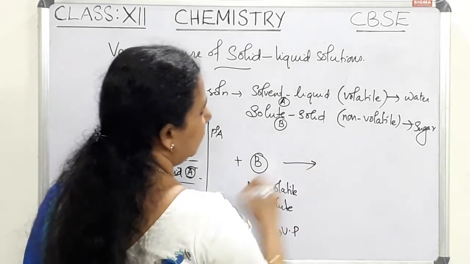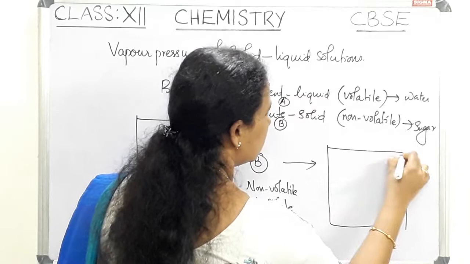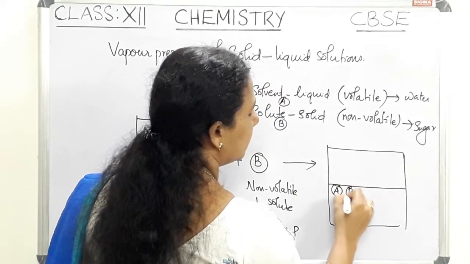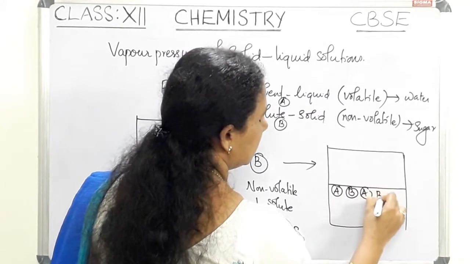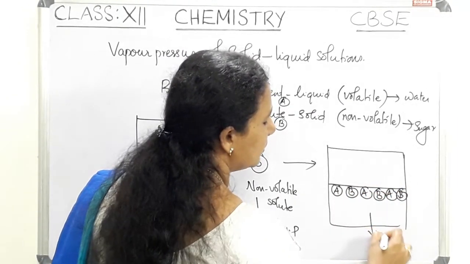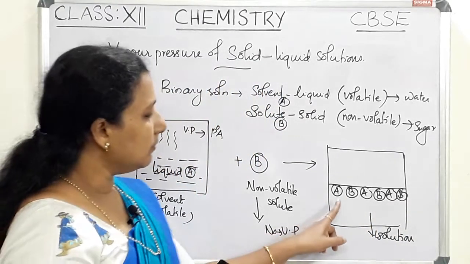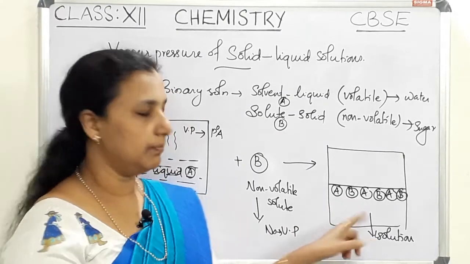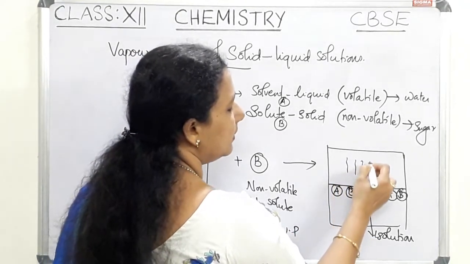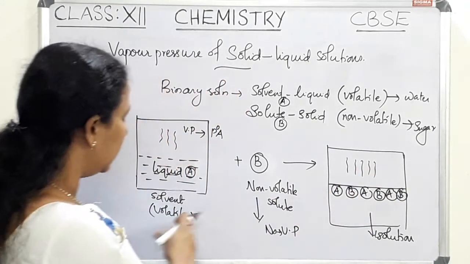Then if it combines to form a solution, we will get a solution where the molecules of A and molecules of B are there. So component A and component B are there in the solution, and we know that only one component gives pressure. That means component A is volatile in nature.